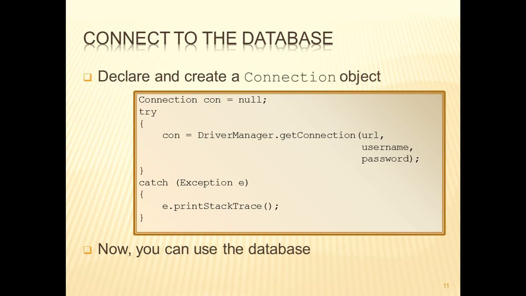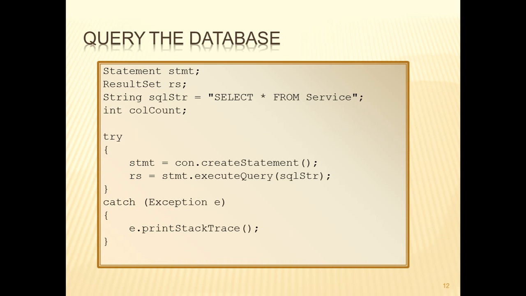In this example, all we're doing is printing the stack trace, in other words, that very long list of method calls to show exactly where the problem occurred. That's going to be printed on the default output, which for your users is probably not going to be very helpful if you just do that. But in terms of debugging, that's quite a useful thing to do. So if everything has worked and there have been no exceptions, then the connection is established to the database and you're now ready to use it.